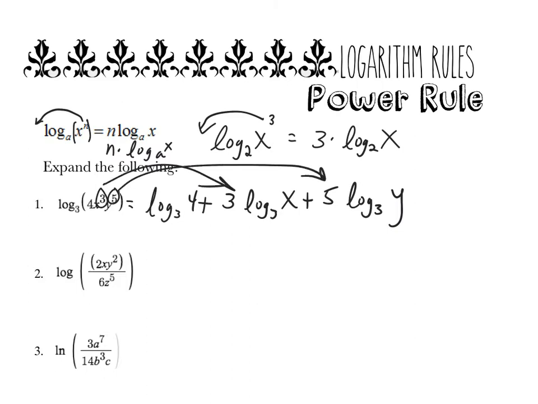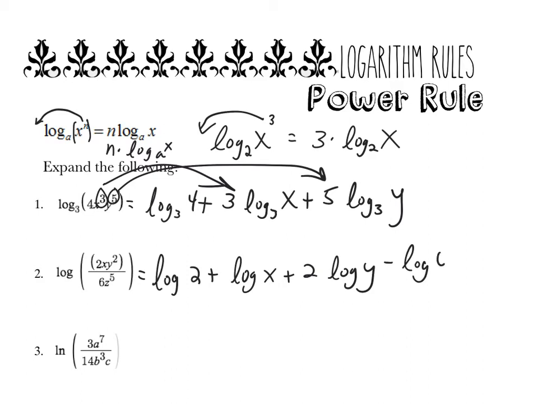You have to do a little bit of forecasting and looking ahead to see what's going to happen with that. The next one, we have log of 2 plus the log of x plus 2 times the log of y minus the log of 6 plus 5 log of z.